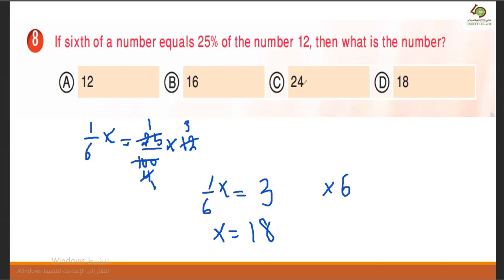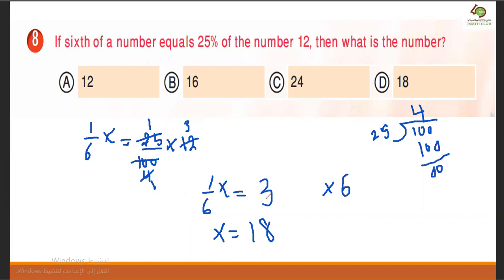So the answer, yes. Then how? Because it is 4. When you divide 100 by 25 it equals 4. 4 times 25, it is what? 100.